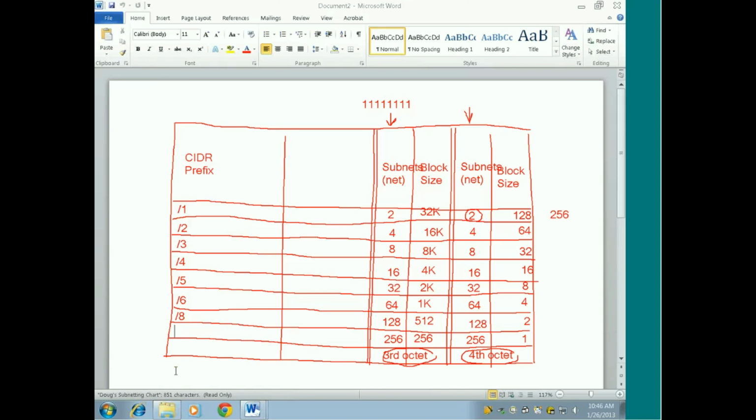Wouldn't a /0 be all zeros? Say again? I have no idea what you're saying. Can you explain?